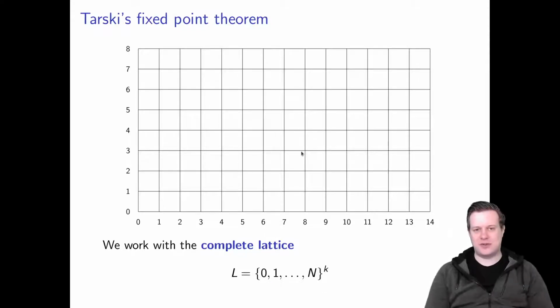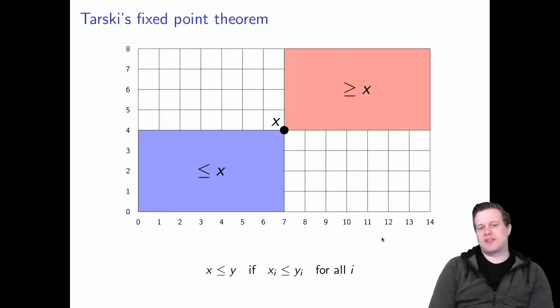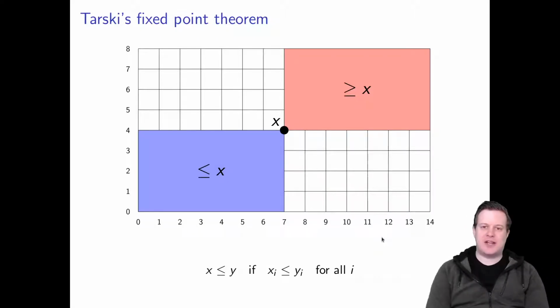So here we have a two-dimensional grid, but more generally we imagine a higher dimensional grid of dimension k containing integers between 0 and n. Then, given such a grid, you can define a natural partial order over the points in that grid. So here we have a point x, and we're just going to use element-wise comparison.